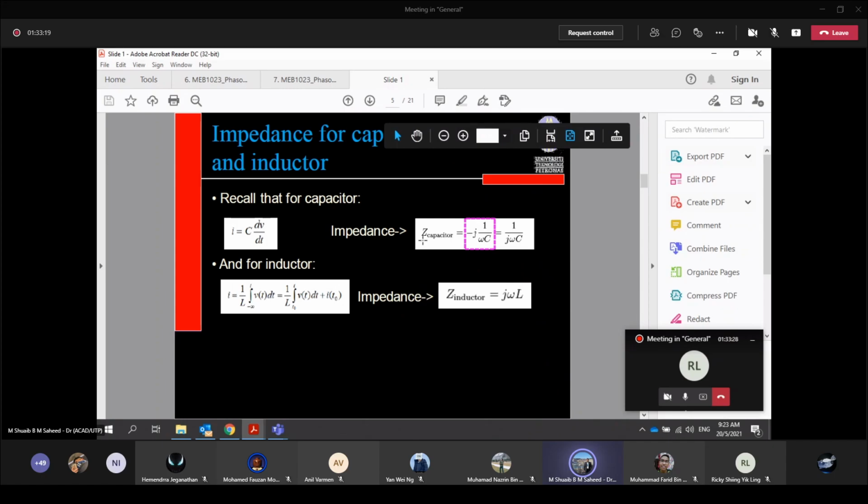The reactance, guys, remember reactance. Individual capacitor and inductor will be known as reactance. So what's the formula for reactance? Negative j over omega C, or 1 over j omega C, while the reactance for inductor will be j omega L. Symbol X. So XC and XL.